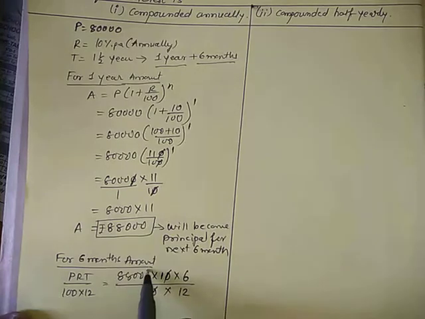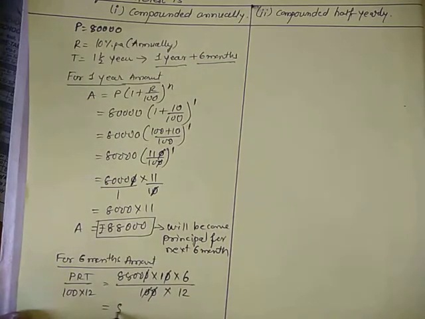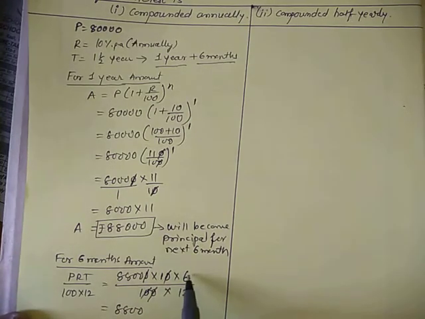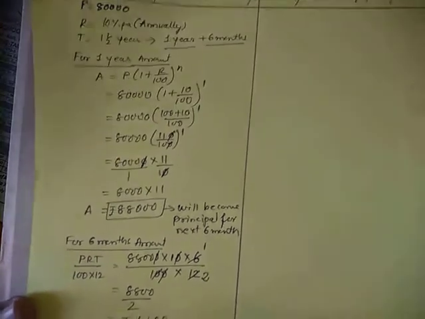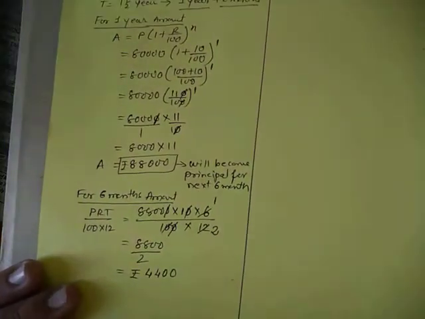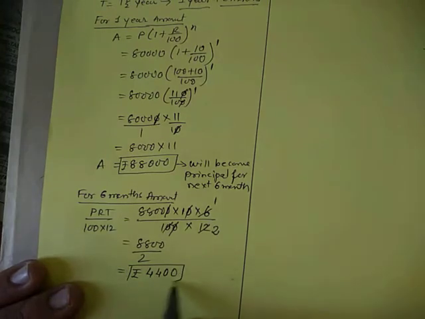We can just cancel out zeros. So we are getting 8800. Okay, 6 1s are 6, 2s are divided by 2. We will get around about 4400. Clear?